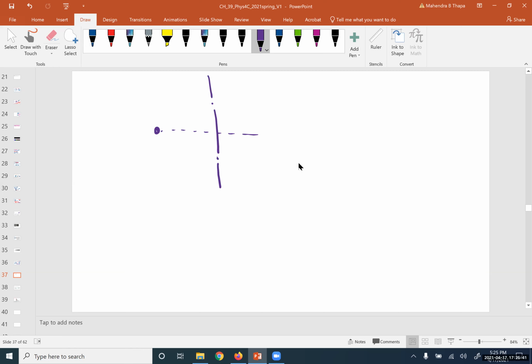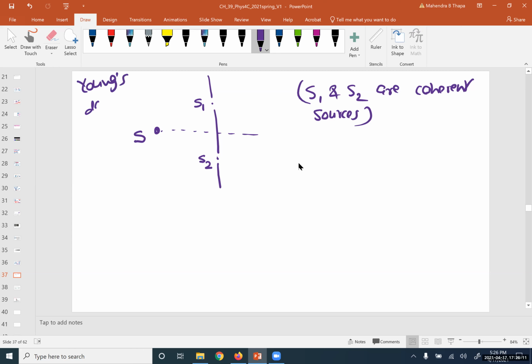So S1 and S2 are coherent sources, because they actually come from the source S. I'm just talking about the Young's double slit experiment.